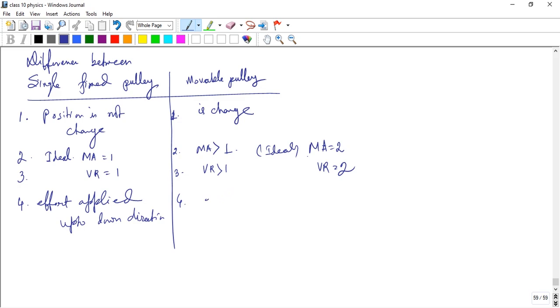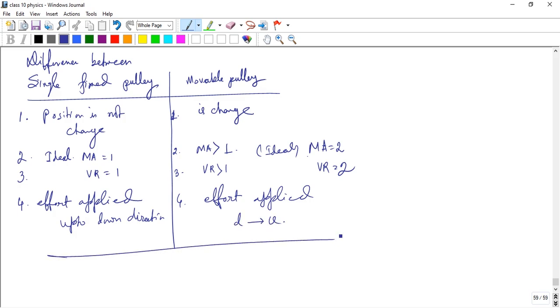And number 4, for the movable pulley, effort is applied down to up. Okay, 4 points, I think that is enough.